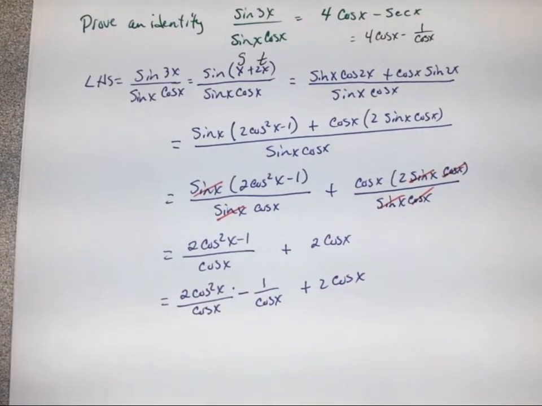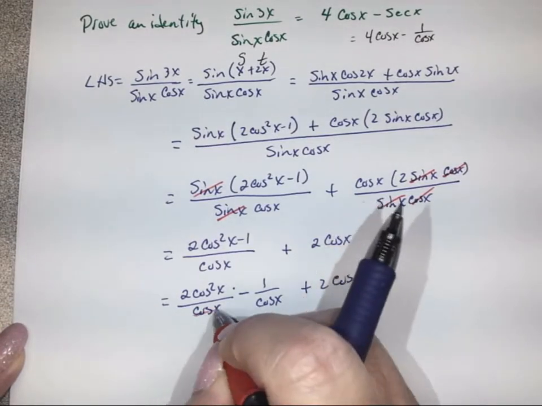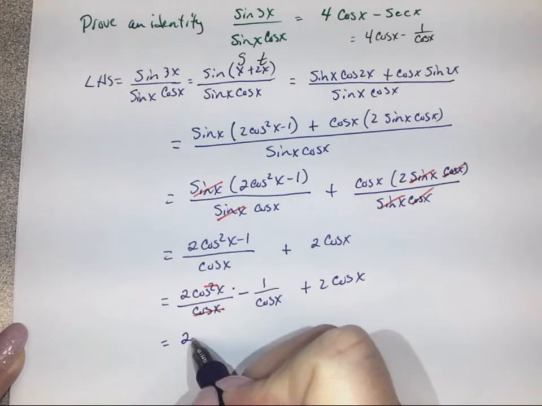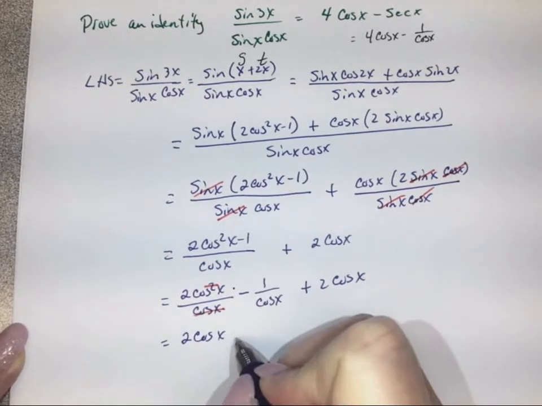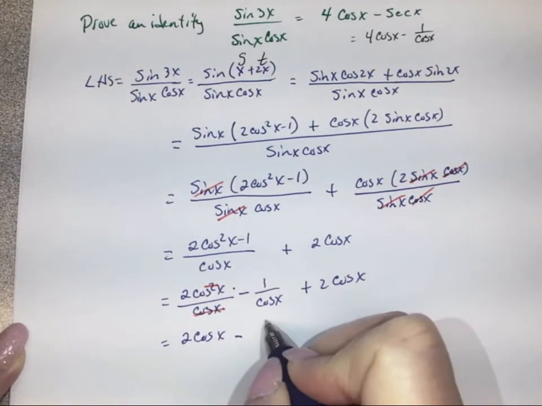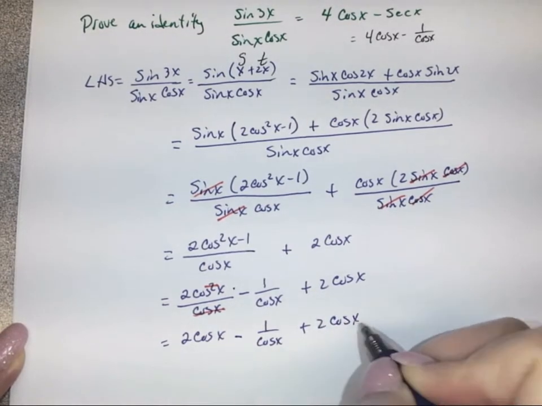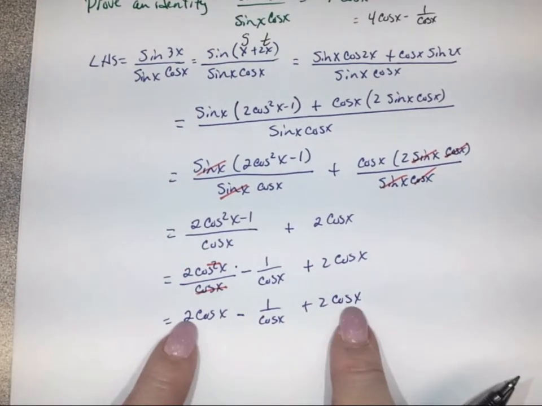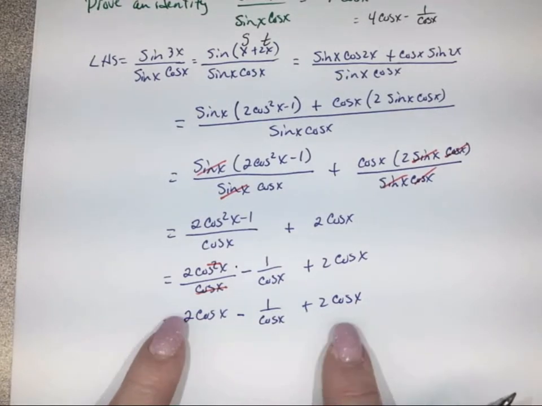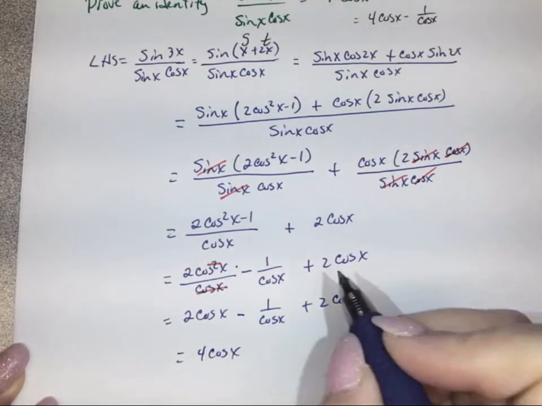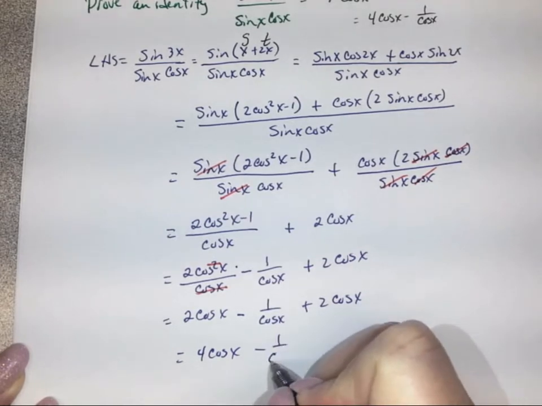All right, so here I can cancel cosine x out of that squared. So that will leave me with 2 times cosine x minus 1 over cosine x plus 2 times cosine x. Well, those two cosine x's will add together and get me 4 times cosine x minus 1 over cosine x.